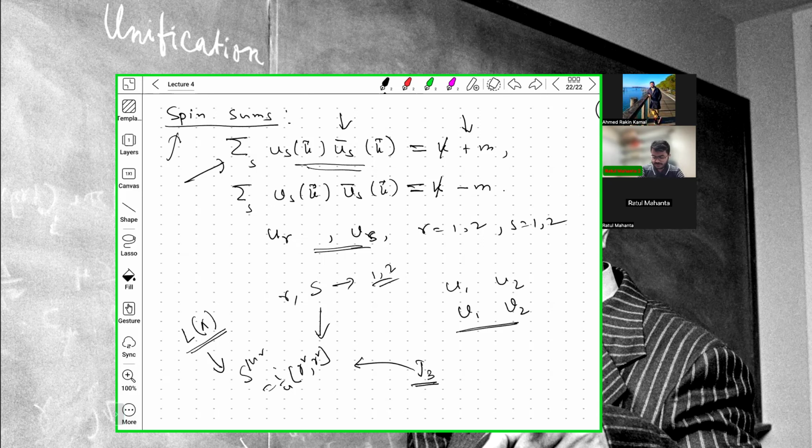So J3 is defined in terms of epsilon ijk and the generators, and these are known. Gamma matrices are given, but I have not stated any explicit representation of the gamma matrices.